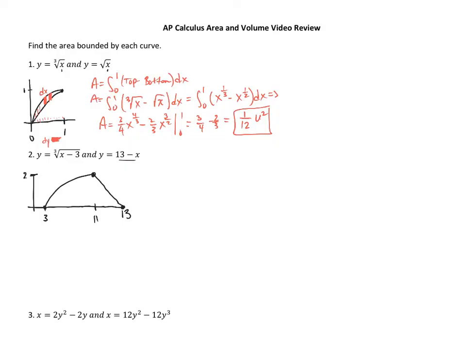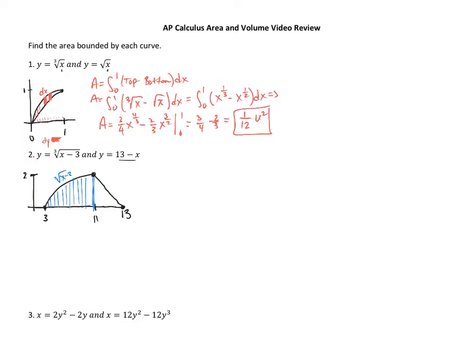If I did this with vertical slices, let's get some vertical slices in here. Notice I'm using one equation, the cube root of x minus 3, all the way to this point, and then it changes.